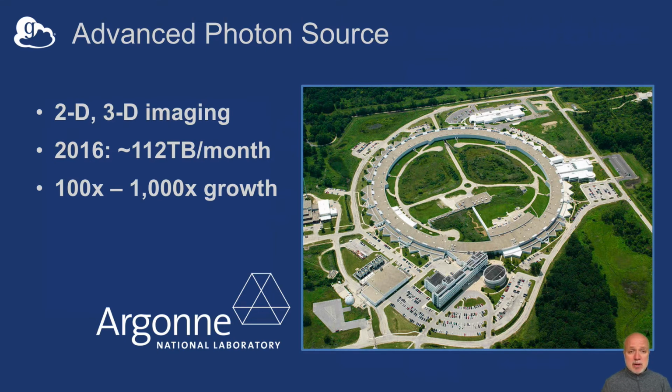And that was a number that was in play about 4 years ago. I think with the current upgrades that are being worked on right now, we're going to see maybe 2 or 3 orders of magnitude increase as a result of the higher resolutions that are going to be available to researchers. So pulling the data off the instrument is important, but making it easily discoverable and accessible by collaborators and often by a much larger community is really the thing we want to do here.